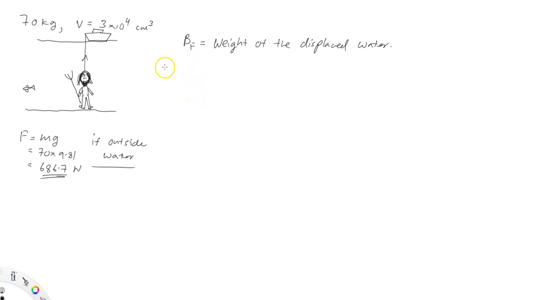Let's find the volume of the displaced liquid. The volume is the same as the volume of the statue, right? You have a statue of 3 times 10 to the 4 centimeter cubed volume, so the liquid should have the same volume: 3 times 10 to the 4 centimeter cubed. Now I'm going to convert this into meter cubed before I do anything.